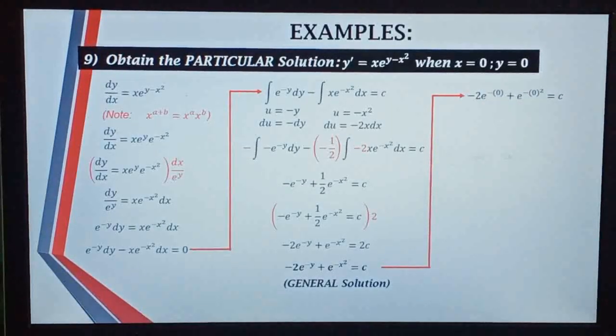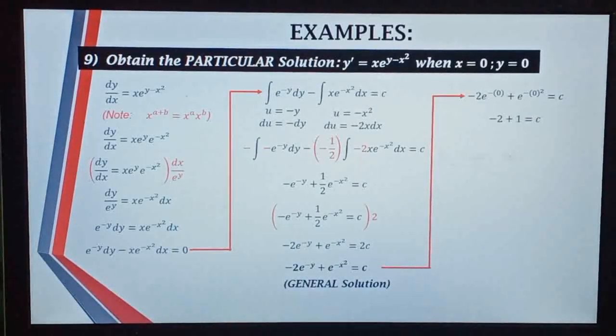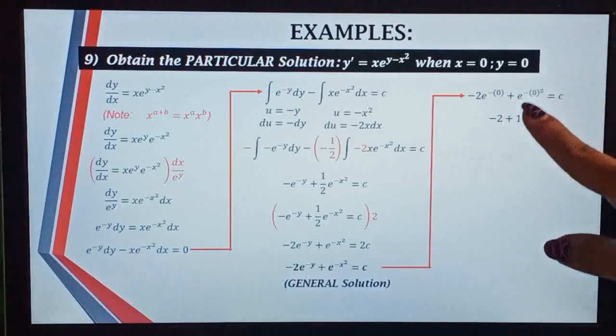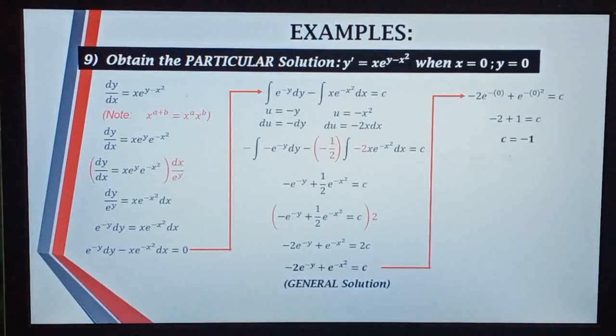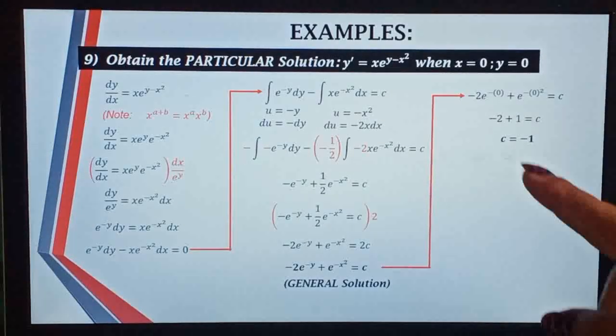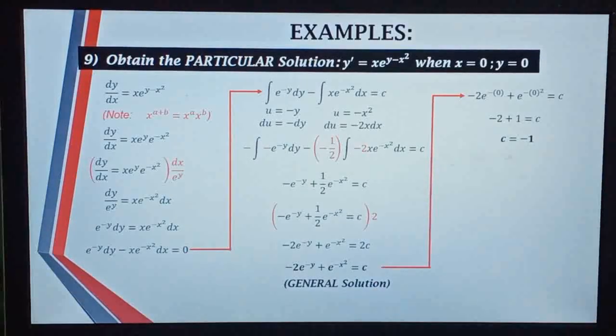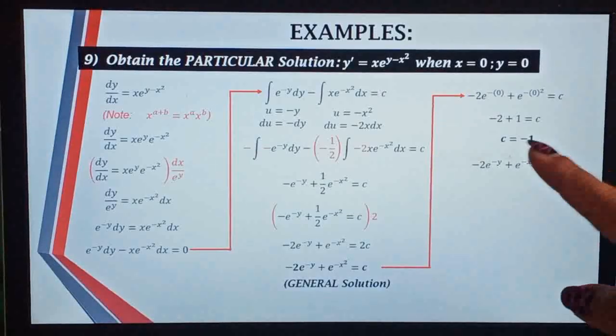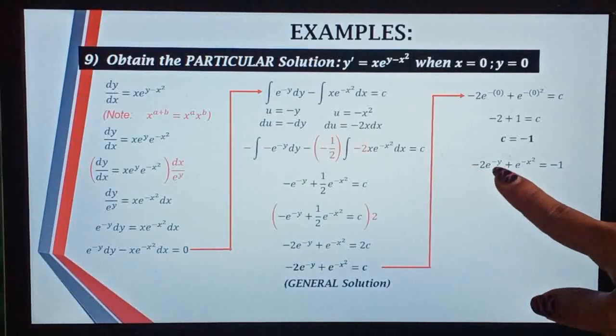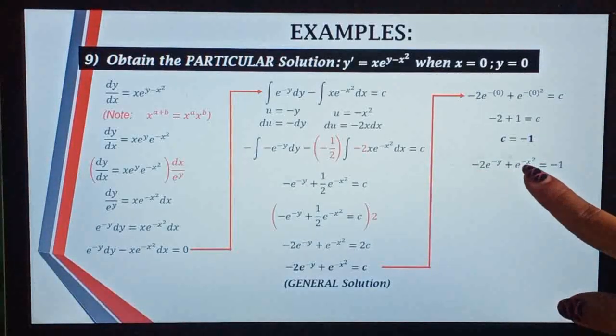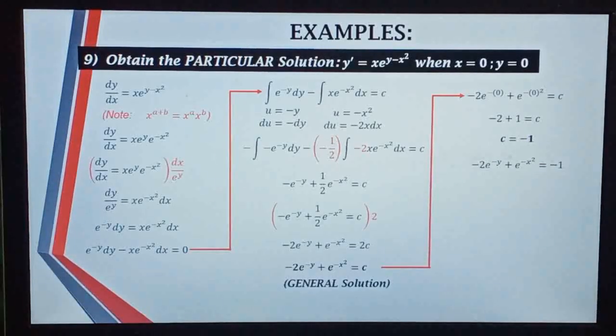And e raised to 0 is simply 1. So, you will now have negative 2 plus 1 equals c. So, the value of c is negative 1. So, isa-substitute ulit natin si c kay general solution. We will now have negative 2 e raised to negative y plus e raised to negative x squared equals negative 1.